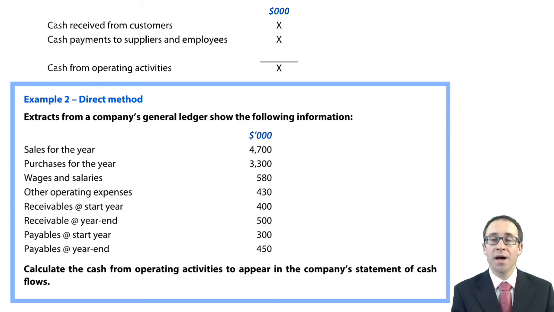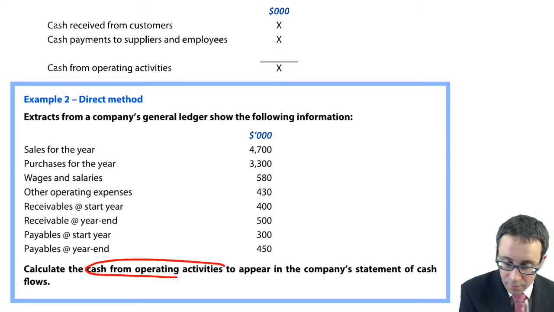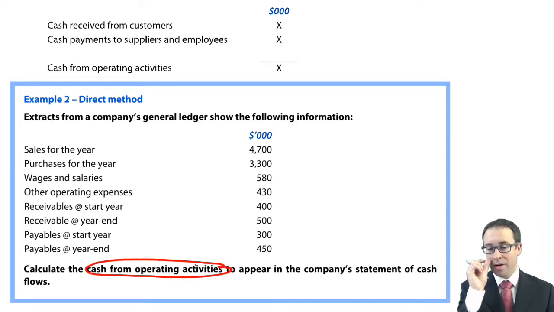Sometimes you'll have to use T accounts, sometimes you'll just use the information that's given to you within the question, which is maybe a cash figure. So within the example that we have referred to as direct method, it says calculate the cash from your operating activities to appear in the company statement of cash flows.